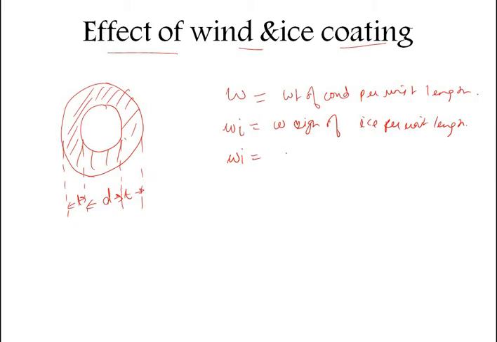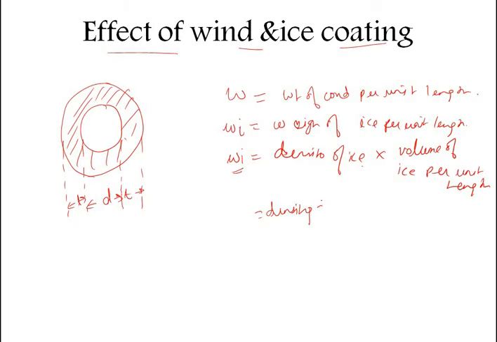So Wi will be the density of ice into the volume of ice per unit length, and the volume of ice we can calculate.